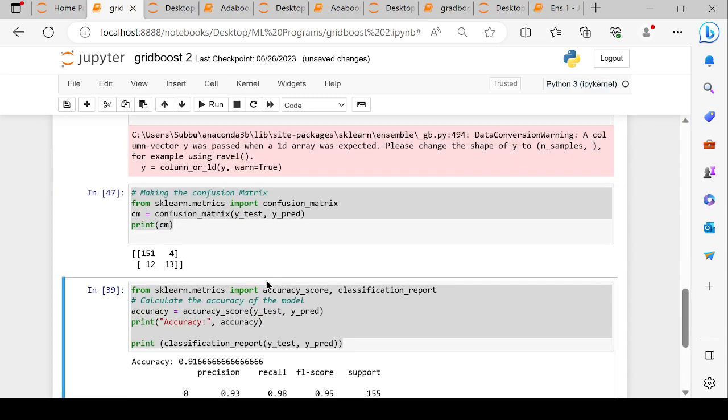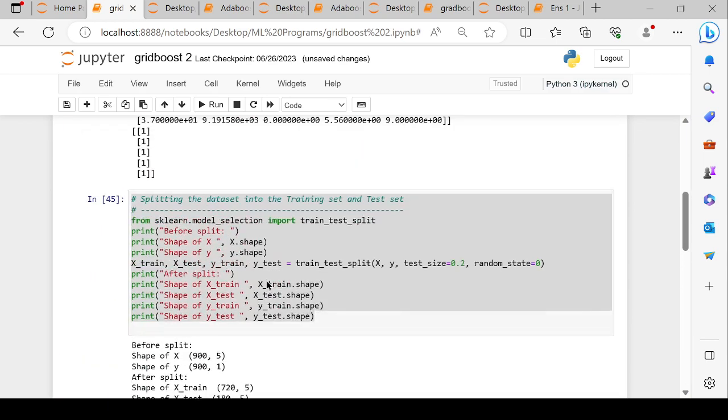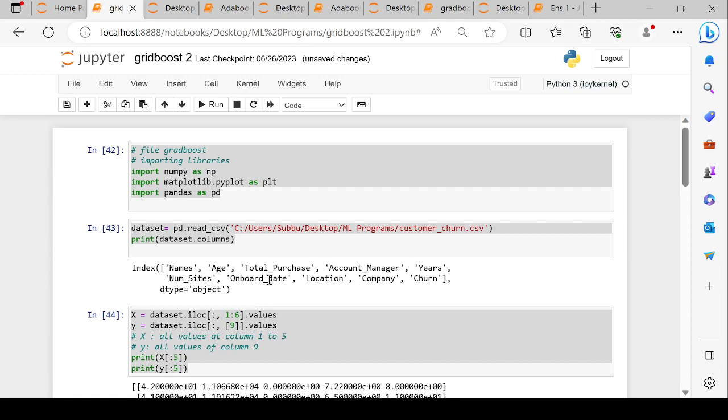So if you want to change, you can try with any data set. I haven't done it with the iris. If I do it with iris, I'll get 1 as the accuracy. So with this, we have completed this. We took 2 examples of AdaBoost and 2 examples of gradient boost.